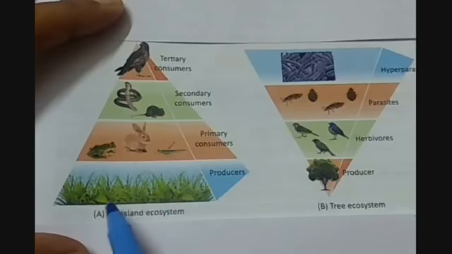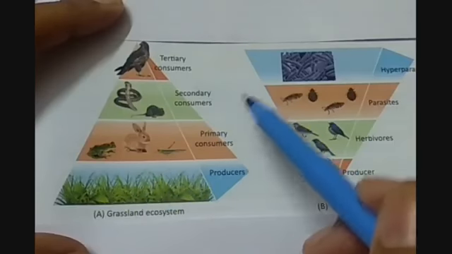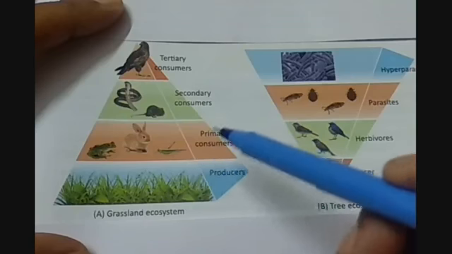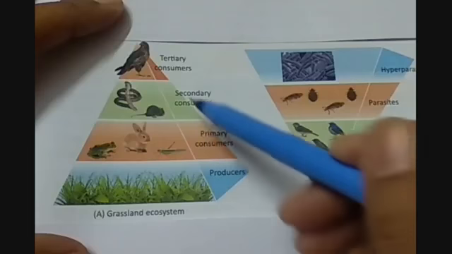The number of grass is more, and on the successive levels of the consumers, the number of organisms that are eating up the lower trophic level organisms is decreasing.